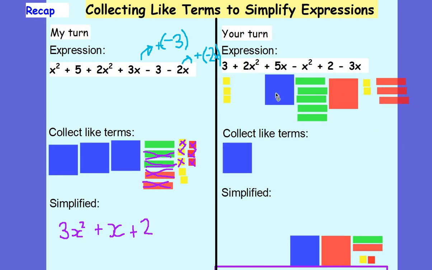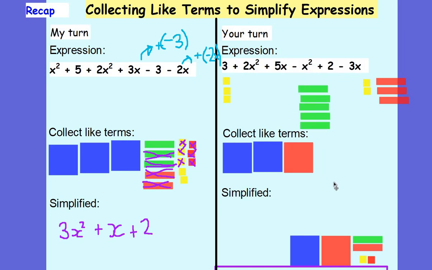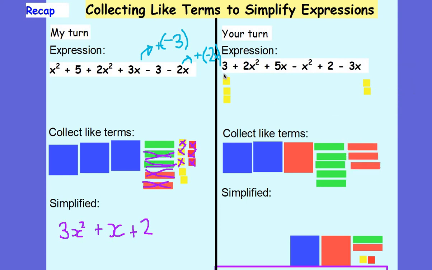Let's collect like terms. Bringing together my big red squares, bringing together my rectangles, and bringing together my little yellow squares. Let's cancel out some 0 pairs. Here's one 0 pair. Here's another one.